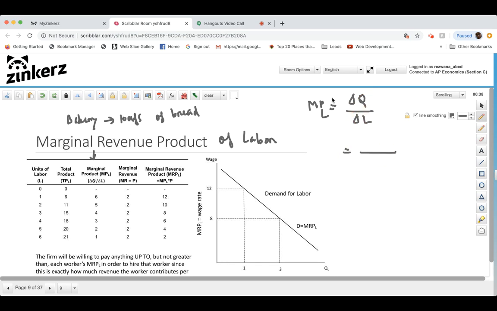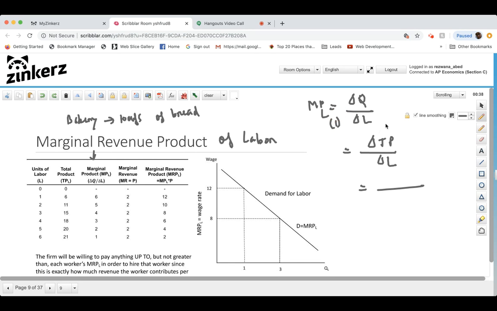And if it helps, think of it as the change in total product divided by the change in labor. So if I want to calculate the marginal product of labor for the first worker, I'm basically going to have to do this, right?